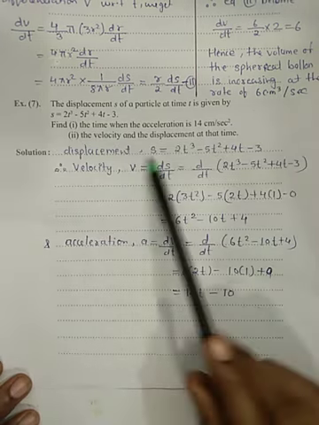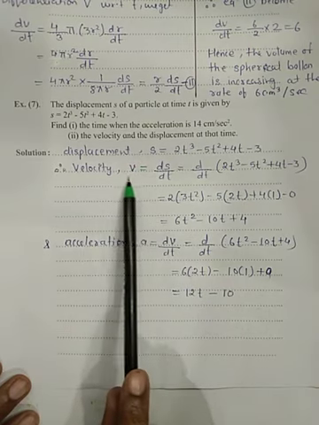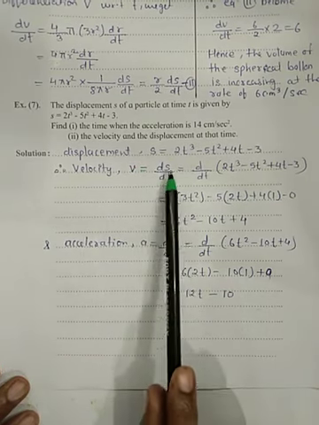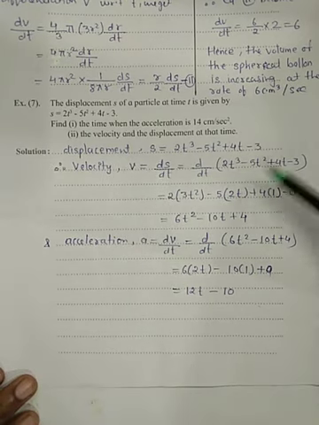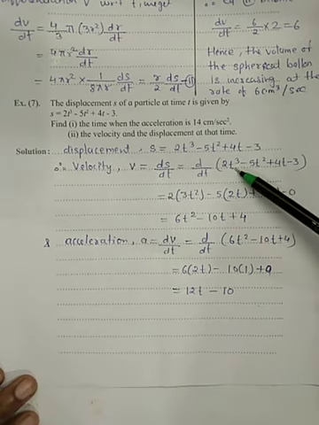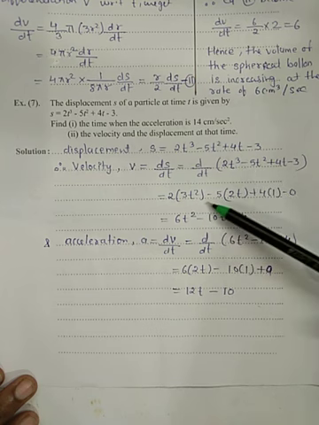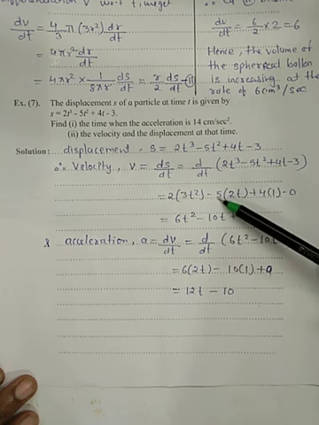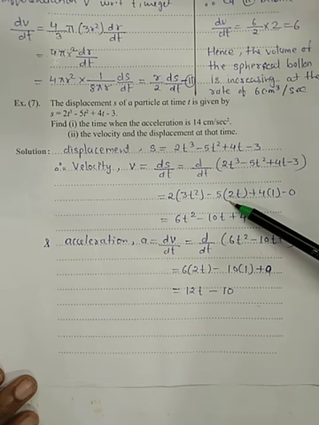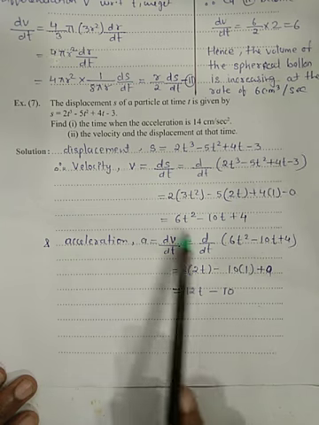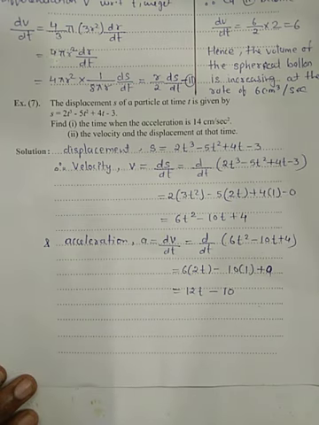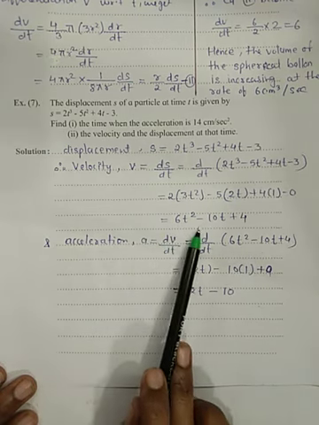See, displacement is given, differentiating it with respect to t, that is rate of change of displacement, means velocity. 2 constant, derivative of t cube is 3t square, minus 5, derivative of t square is 2t, plus 4, derivative of t is 1, derivative of 3 is 0, equals 6t square minus 10t plus 4.